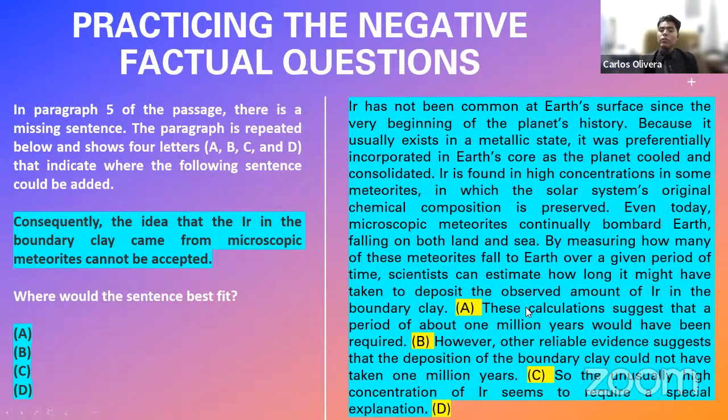These calculations suggest that a period of about 1 million years would have been required in order to fill this boundary clay with that element that is contained in the meteorites, that is air, right? It says, however, other reliable evidence suggests that the deposition of the boundary clay could not have taken 1 million years. So the unusually high concentration of air seems to require a special explanation.